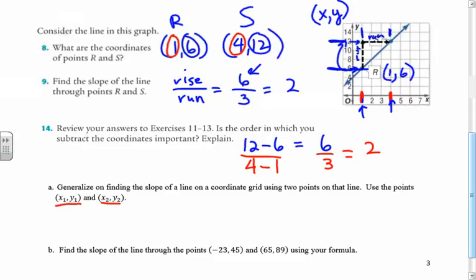Really what I did is I took the two y coordinates and subtracted those, y2 minus y1. And then I took my two x coordinates, the first number from each ordered pair, the x sub 2 and the x sub 1, and subtracted those. So if you just have the numbers from the points, you can find the slope.